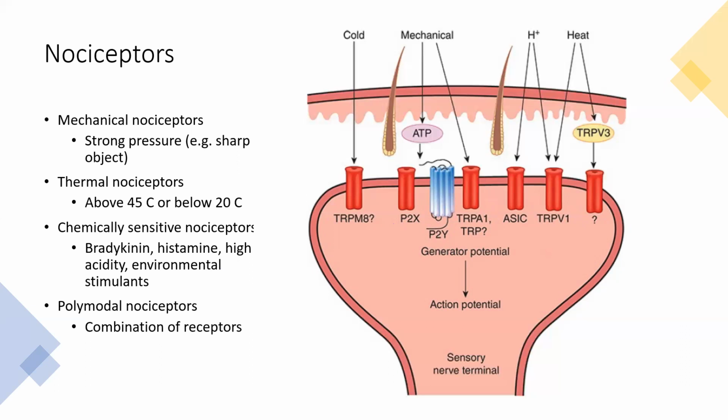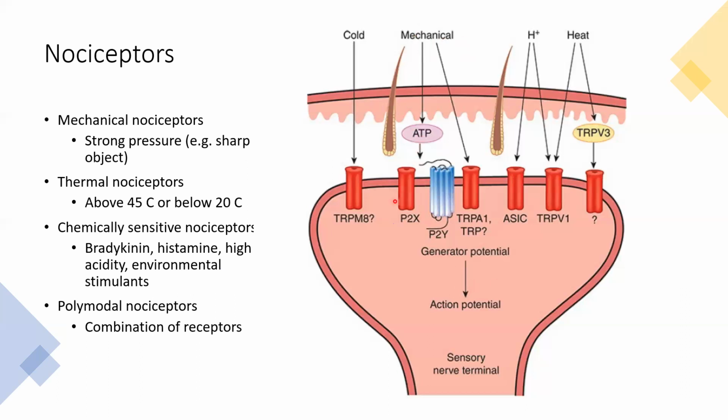Sensation of pain. So in addition to the direct activation of receptors on the nerve ending, some painful stimuli release intermediate molecules that will then activate receptors on the nerve ending. For example, nociceptive mechanical stimuli can cause the release of your adenosine triphosphate that will then act on your purinergic receptors, for example, your P2X. So mechanical receptors are stimulated, which will release adenosine triphosphate.